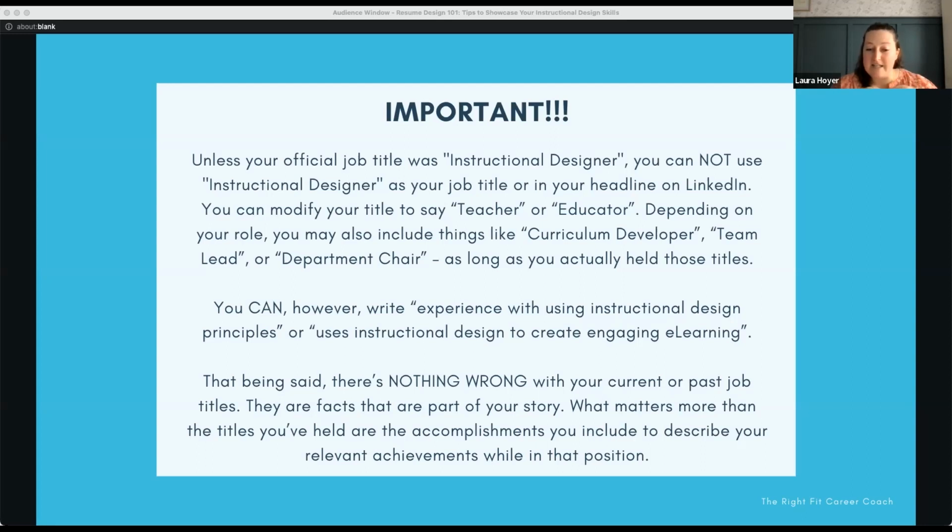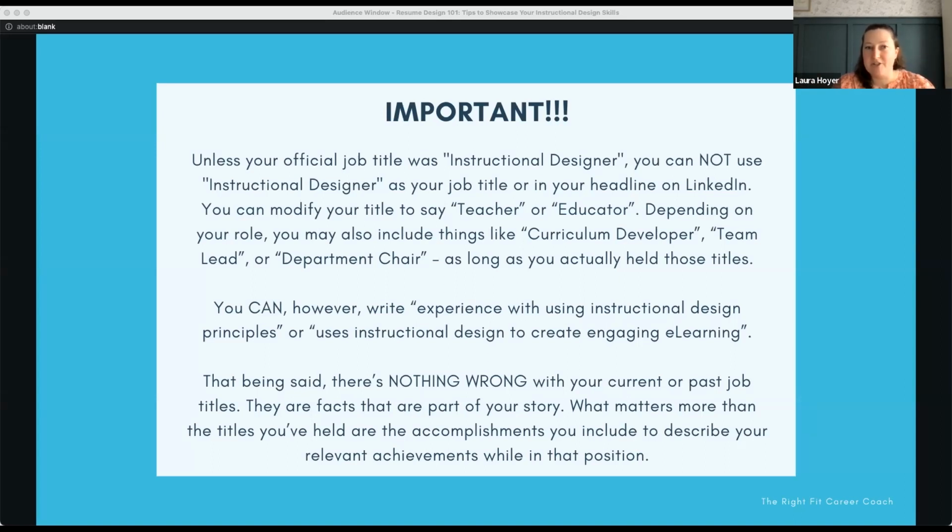One of the key things here is a lot of people feel like they can't use their current title, especially if it is teacher, because they feel that it's frowned upon for some reason. But instead of looking at it from that point of view, I want you to look at it as a fact. It's simply a fact. It's part of your story. That was your title. What matters more to the hiring team is what you did as part of that role and how that relates to the role you're applying for.